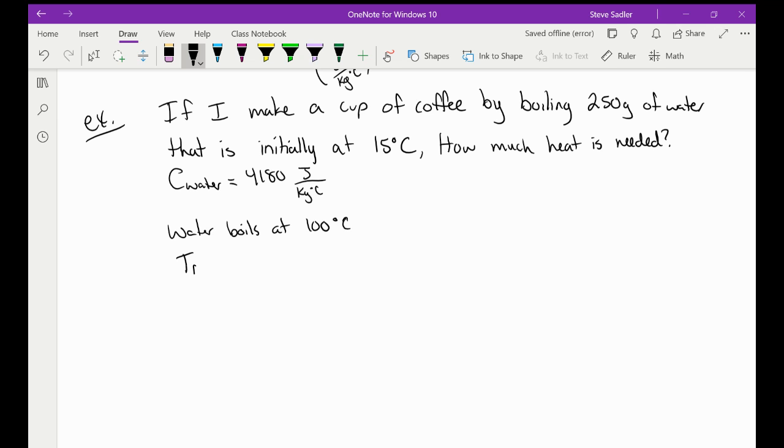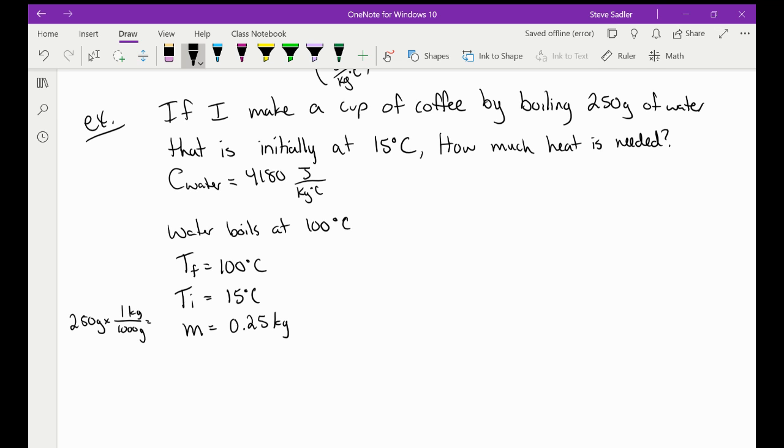So that means our T final will be 100 degrees Celsius. Our T initial is going to be 15 degrees Celsius. The mass will be 250 grams. We want to switch to kilograms, 1,000 grams in a kilogram. So when we do that, we get 0.25 kilograms.